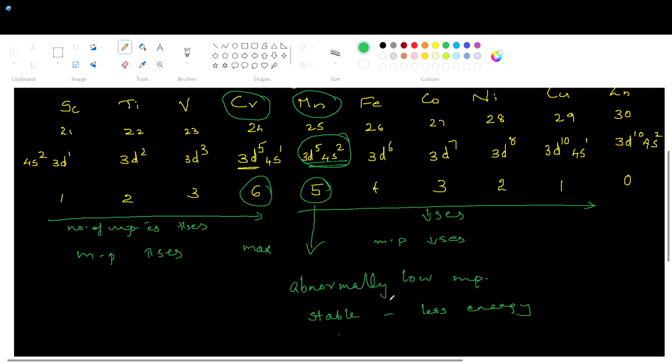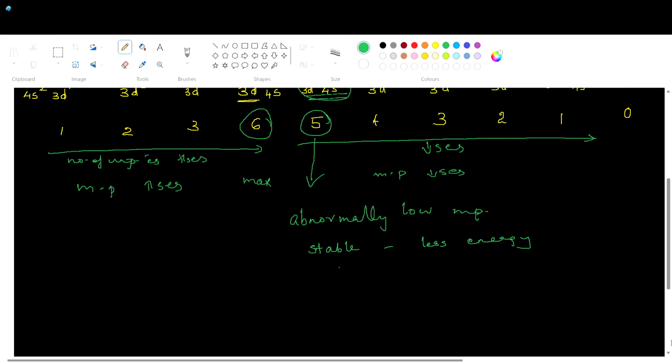Similarly, for the 4d series also, just below manganese comes technetium. Technetium has the electronic configuration 4d5 5s2. Here also, same story: stable electronic configuration, half-filled and completely filled. So their energy is very low.